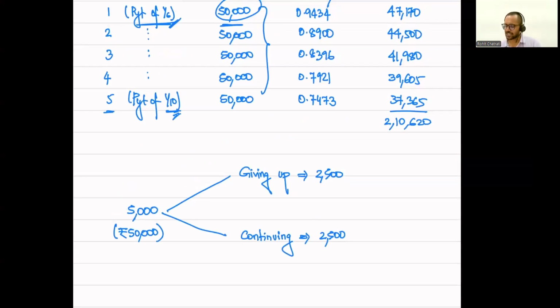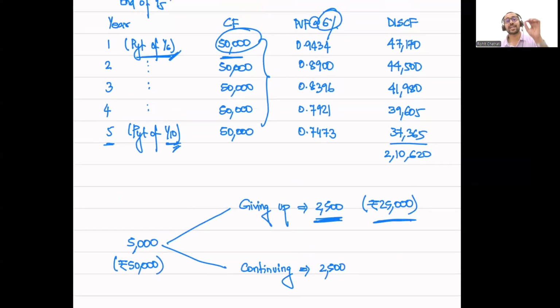Ind AS 116 is stating that because you are giving up 2,500, you are now no longer required to pay 25,000. That is the presumption that Ind AS 116 is making.